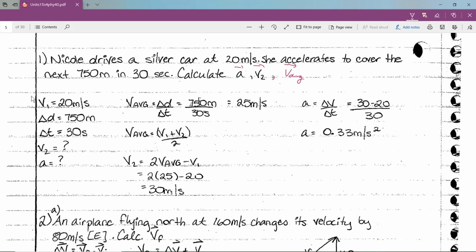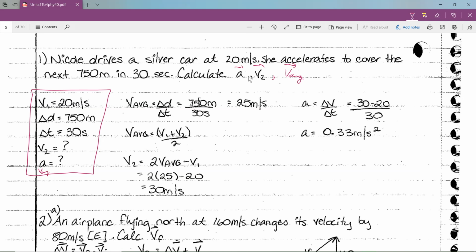In any problem solving, you make a list of what you know and what you have to find. So our initial velocity is 20 meters per second. Our displacement is 750 meters, covering that in 30 seconds. So we're going to get the final velocity, the acceleration, and the average velocity. The average velocity is delta d over delta t, 750 meters in 30 seconds, so 25 meters per second.